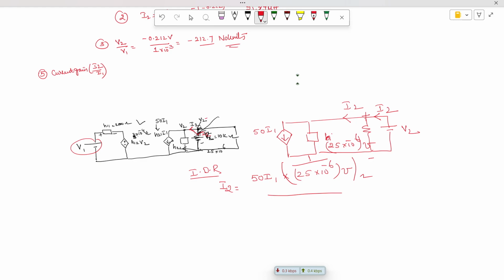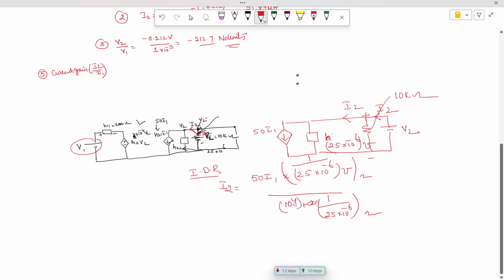So what is this value? The value of this resistor is 10 kilo ohm, so 10 to the power 4, plus 1 divided by 25 into 10 to the power minus 6. 10 to the power 4 is in ohms, and this is also in ohms.